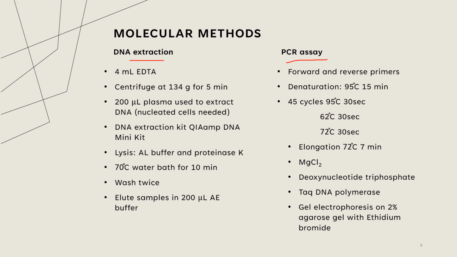Temperature was lowered to 62 degrees Celsius for 30 seconds, and then to 72 degrees for 30 seconds. This was used for the primers to anneal to the sequence. After that, elongation occurred at 72 degrees Celsius for 7 minutes.